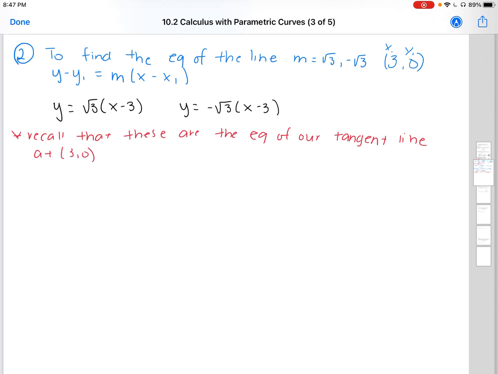So they touch our curve of our function. All right, let's go on to question B.